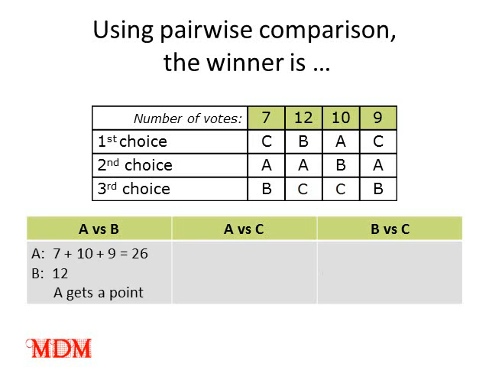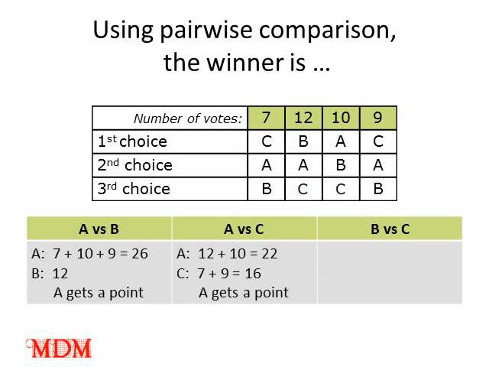Therefore, we have 7 plus 10 plus 9, or 26 for A. Then B is ahead of A in only one instance. Therefore, A gets the point.